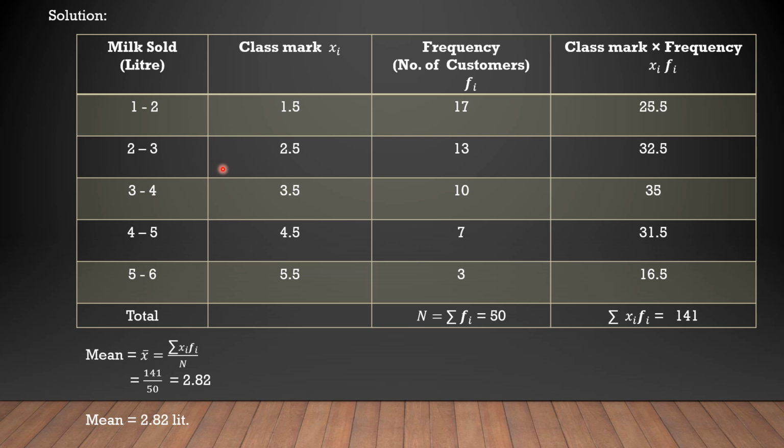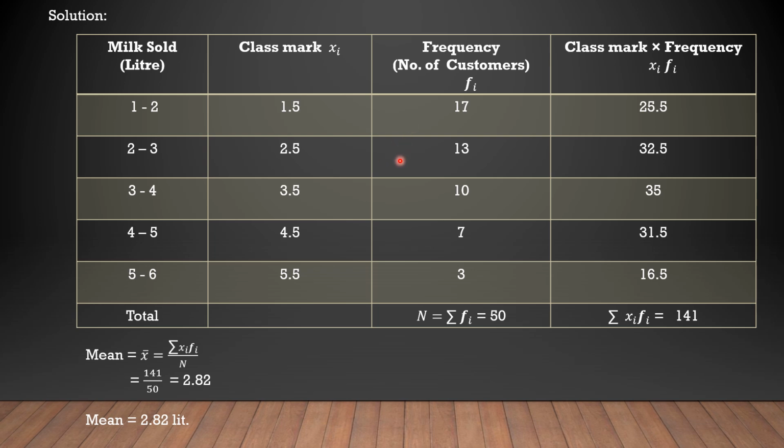Then the average of 3 and 4: 3 plus 4 is 7, and 7 by 2 is 3.5. Then the average of 4 and 5: 4 plus 5 is 9, and 9 by 2 is 4.5. Then the average of 5 and 6: 5 plus 6 is 11, and 11 by 2 is 5.5. So the values of Xi are 1.5, 2.5, 3.5, 4.5 and 5.5.